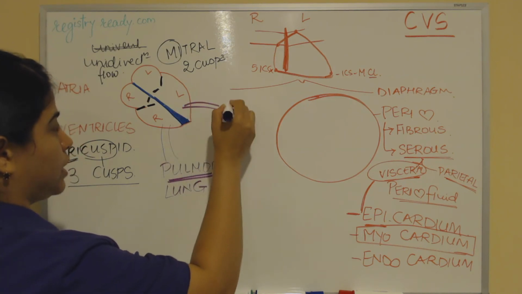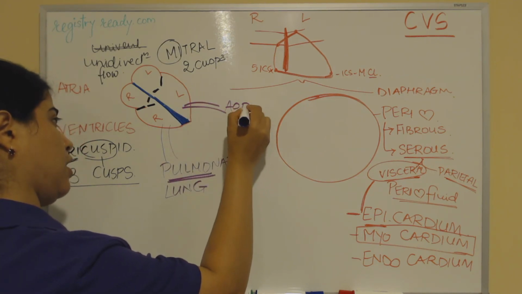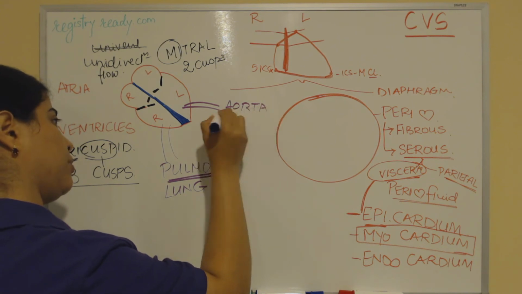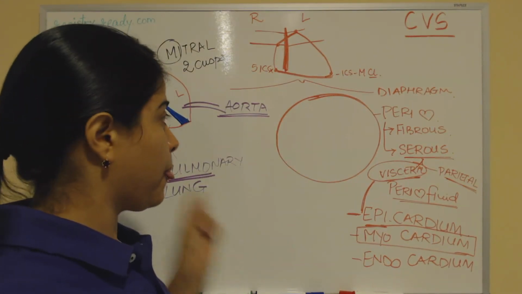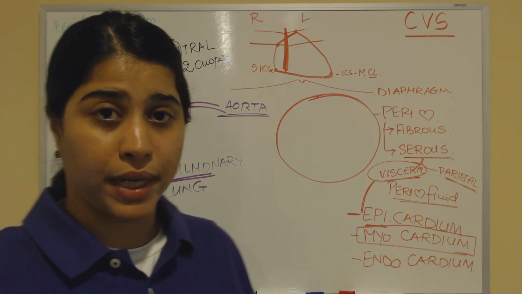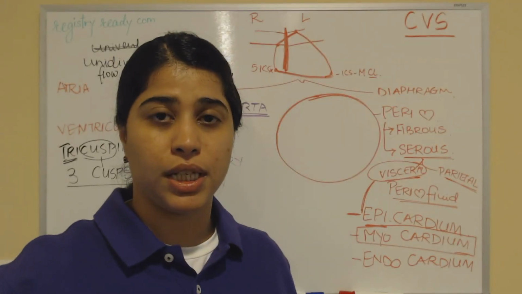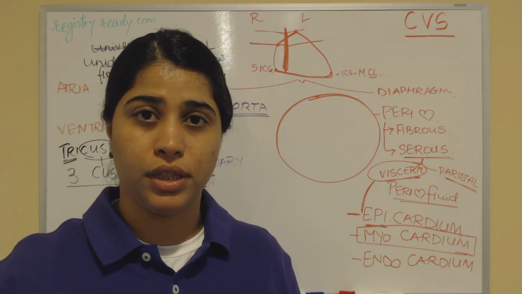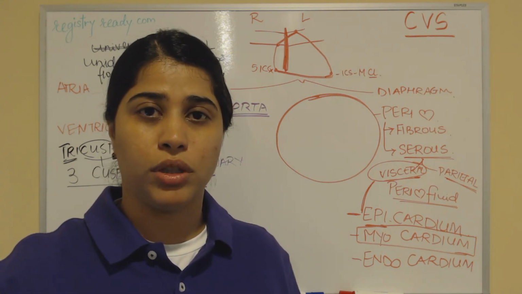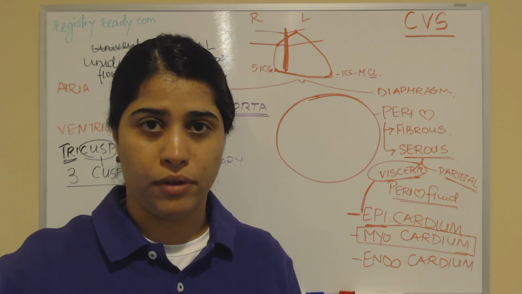And from the left side we have the great aorta, which is going to be carrying blood to the rest of the system. Now in the next section we'll talk about mechanical blood flow, where we'll be discussing the 3 circulations, which is the systemic, pulmonary and the coronary circulation. This ends our discussion on the anatomy of the cardiovascular system.